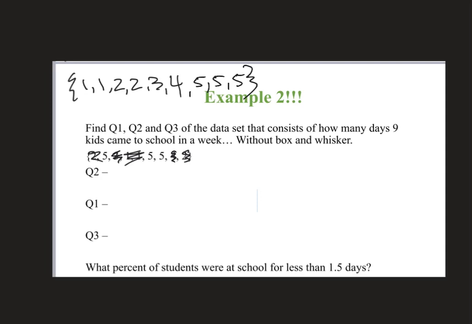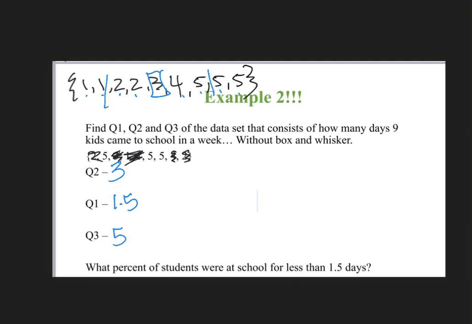Okay. All right. Now, Q1, remember Q2 first. So let me do my crossing out. 3 is going to be my Q2. And then 1.5 is going to be my Q1. And Q3 is going to be 5.